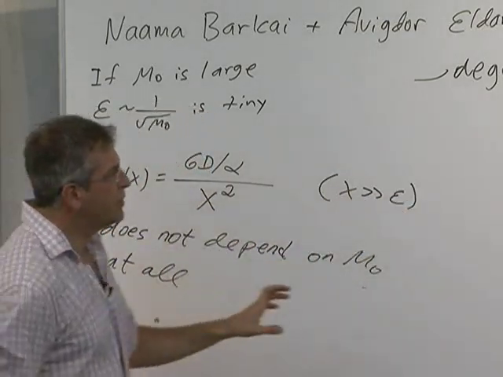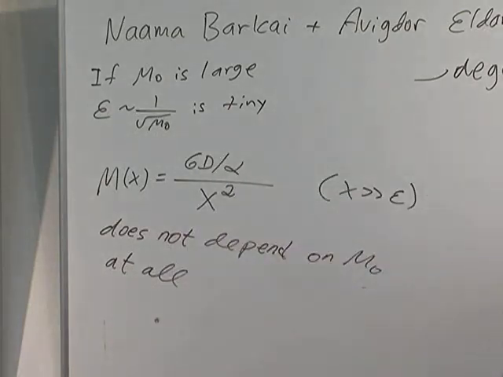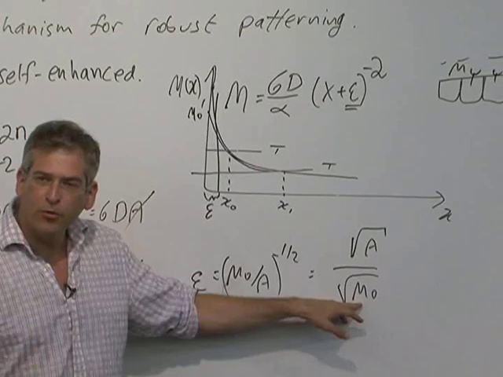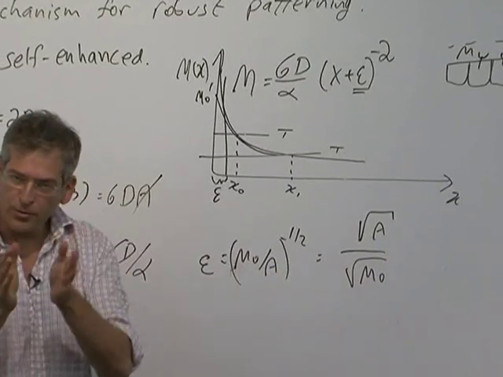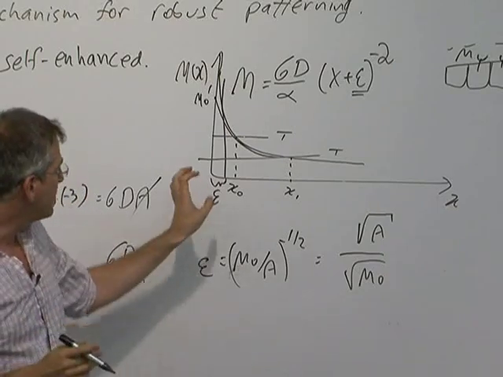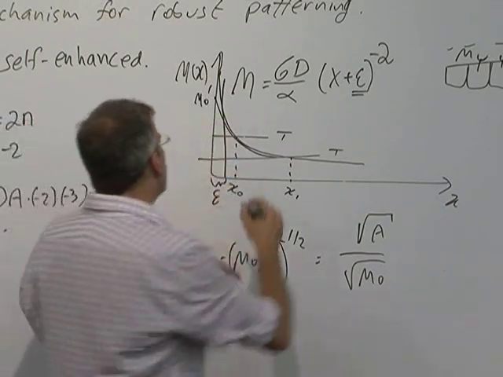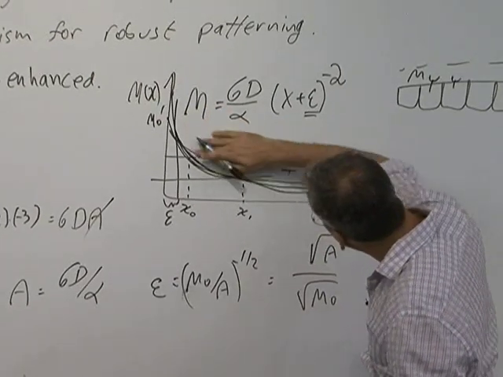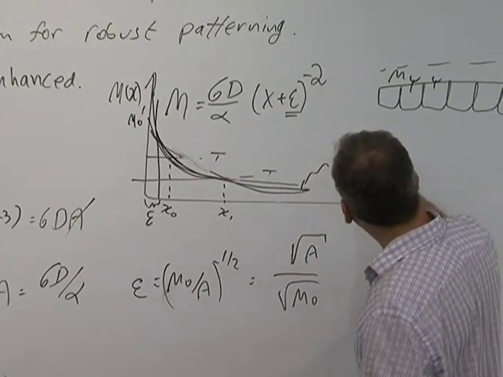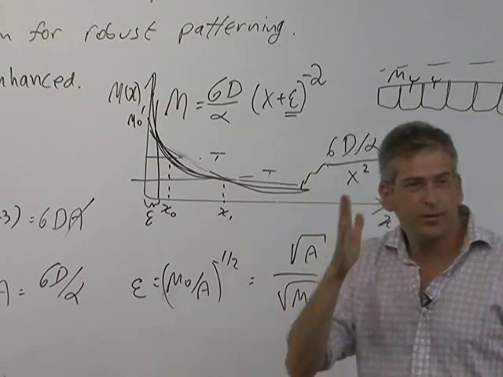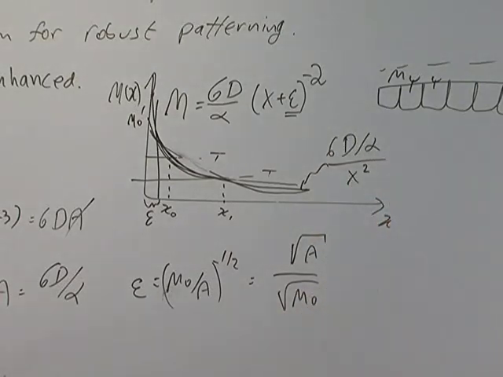So except in this small region, which we can make as small as we want, because the size of epsilon goes down the more morphogen we have. So we can make a lot of morphogen, and this region becomes as small as we want. Except for in this region, our function goes down like something over x squared. So this is very different from what we solved in the first half hour.